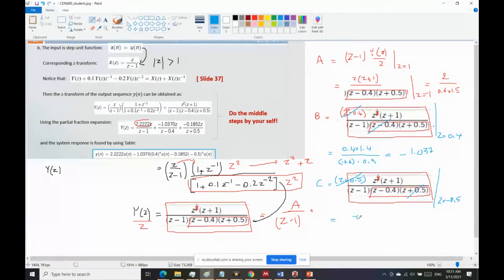So minus 0.5 times minus 0.5 plus 1, which is 0.5, over minus 0.5 minus 1, which is minus 1.5, times minus 0.5 minus 0, so it is minus 0.9.